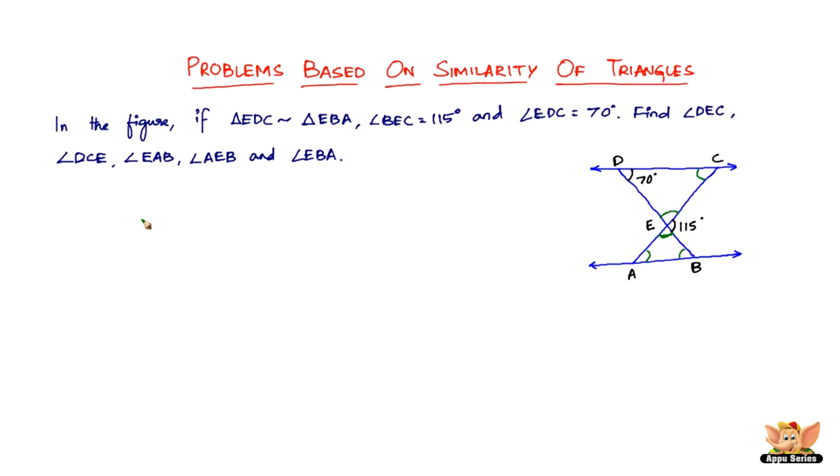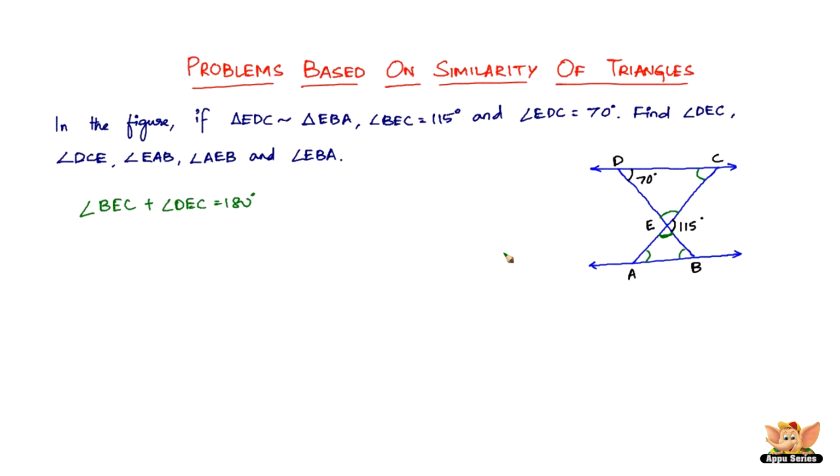So now the first one that we can find is angle DEC, because if you see, DB is a straight line and then there is a ray on it, that is EC. So we know that angles on a straight line equal 180 degrees, right? So we've got angle BEC plus angle DEC equal to 180 degrees.